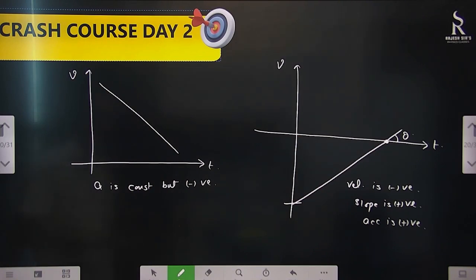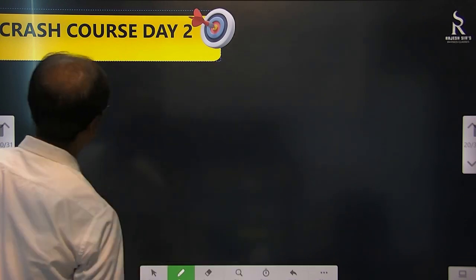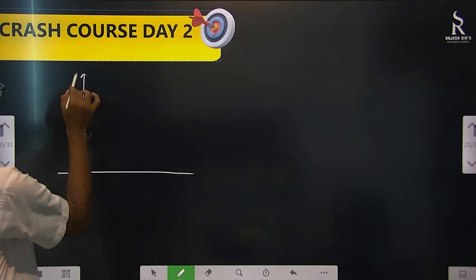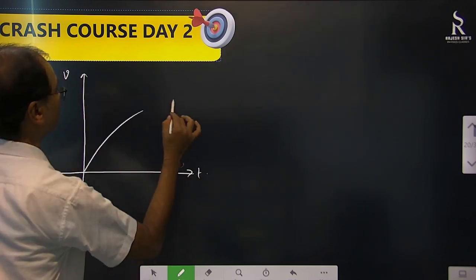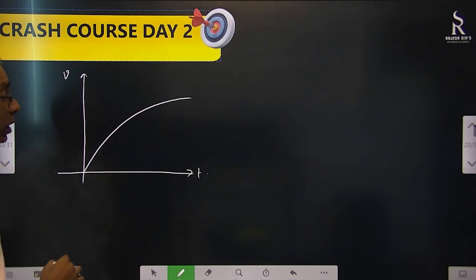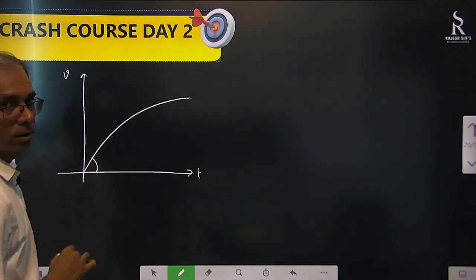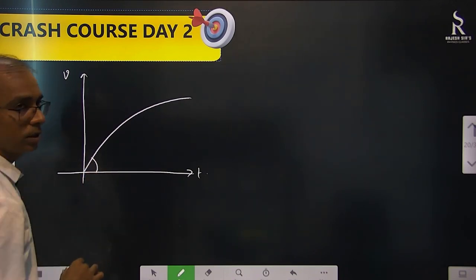Variable cases also, let's see. In variable graphs, V and T, it's like this. What can you say? Here slope is more, here slope is less. So here acceleration is more, here acceleration is less.